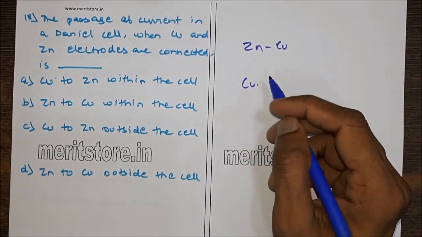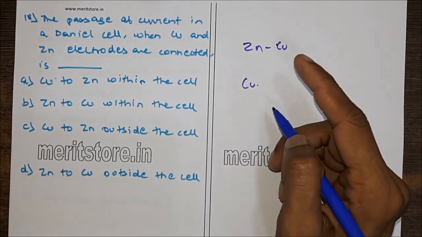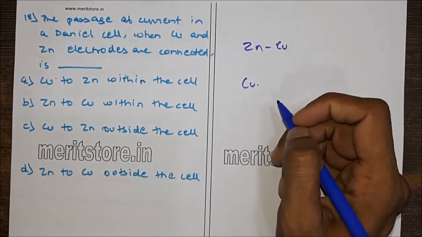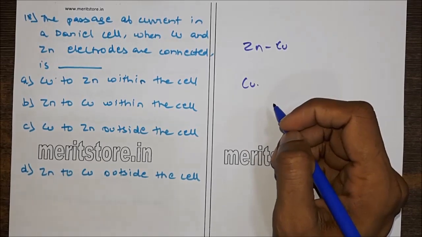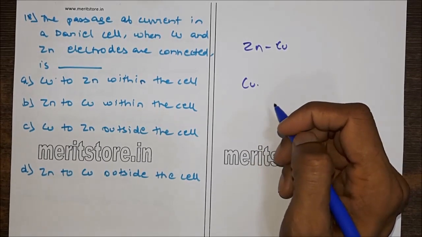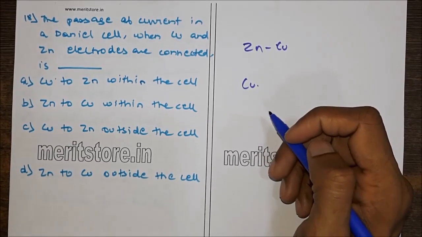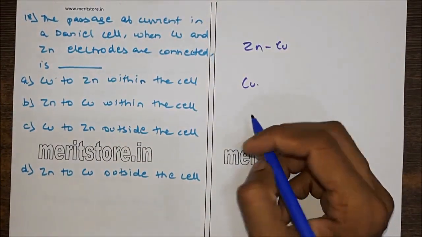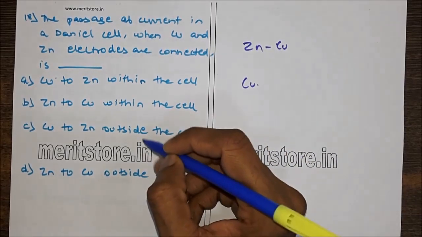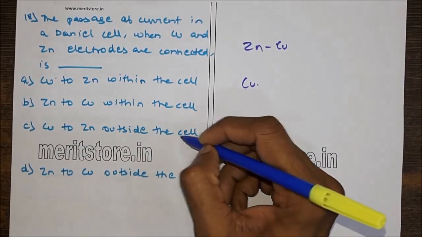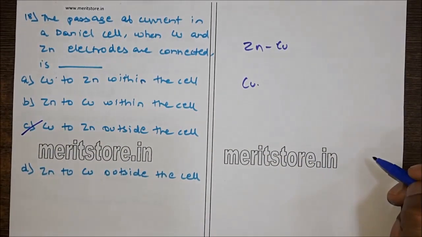I repeat, the current passes from copper to zinc through an external circuit. Passage of current is reversed to the flow of electrons. Therefore, copper to zinc outside the cell is the correct answer. That is option C.